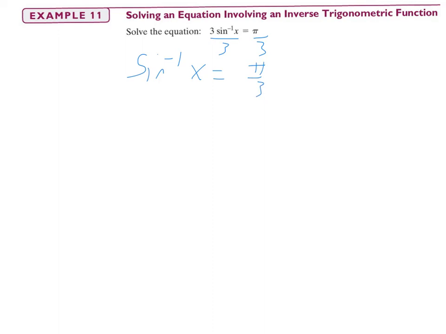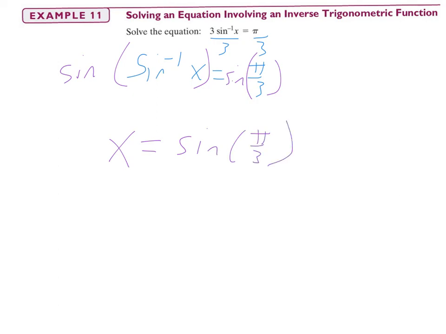If you take sine of both sides, that means x is equal to sine of pi over 3, which I think is square root of 3 over 2.